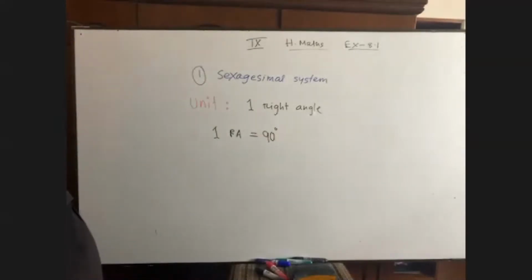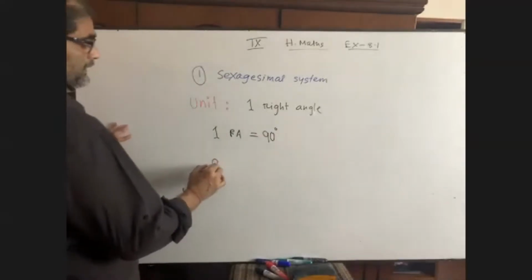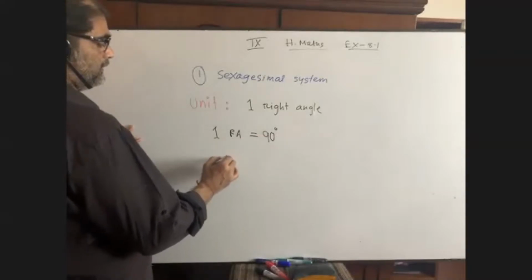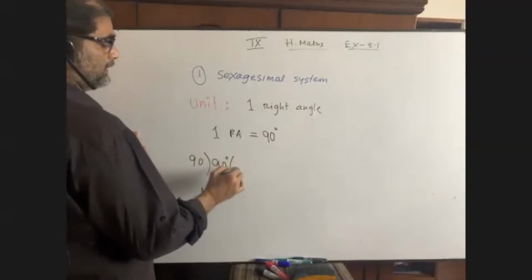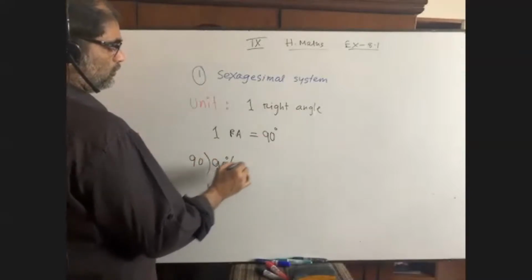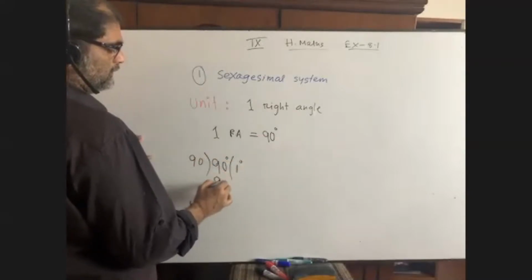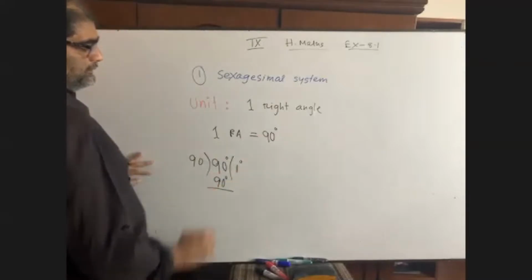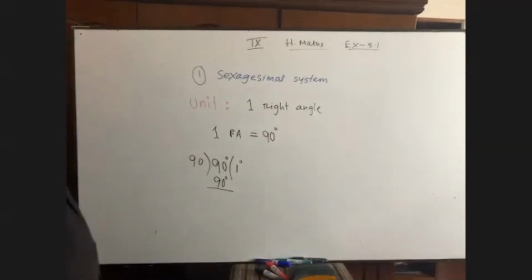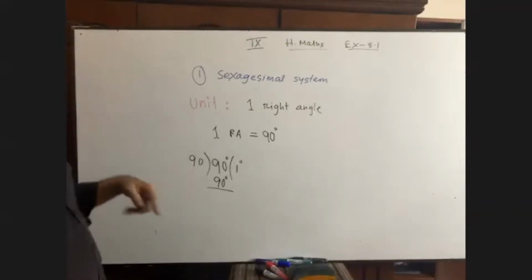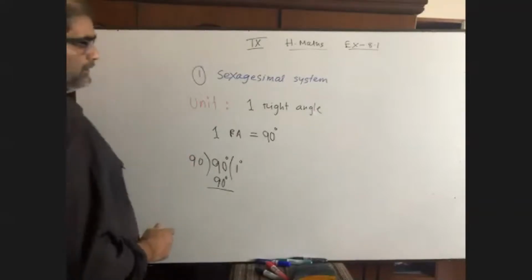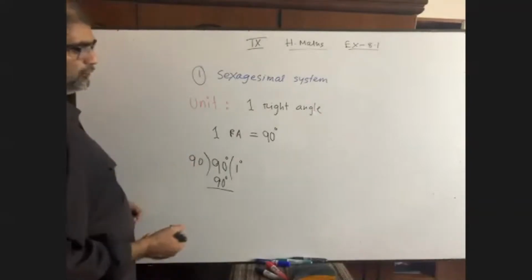If I divide 90 degree by 90, we get 1 degree, right? 1 right angle, that is 90 degree, can be divided into 90 divisions, and each division will be 1 degree.